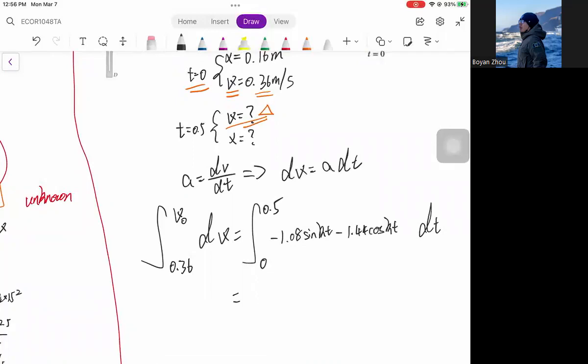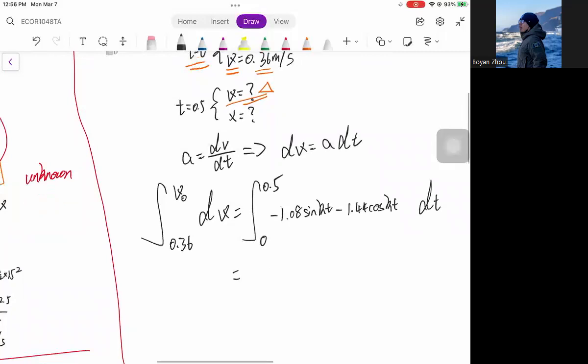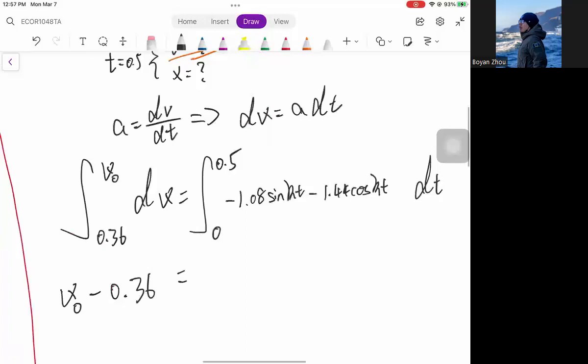Okay, so the next step is just solving this equation. On the left-hand side, since we're integrating 1, that is just V naught minus 0.36. On the right-hand side, we can do the first and second terms separately.